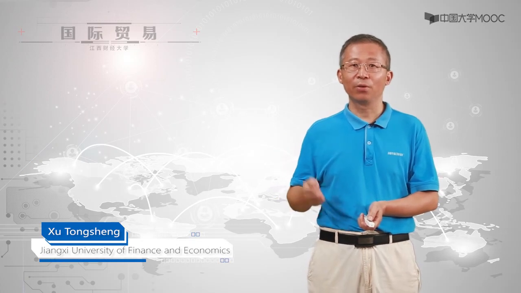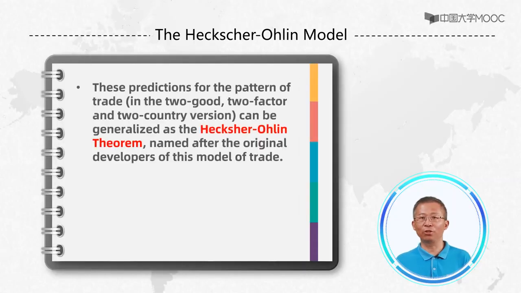Similarly, foreign becomes an exporter of food because it is capital abundant and because the production of food is capital intensive. The relative price of food is cheaper than that in home. These predictions for the pattern of trade can be generalized as the Heckscher-Ohlin theorem, named after the original developers of this model of trade.